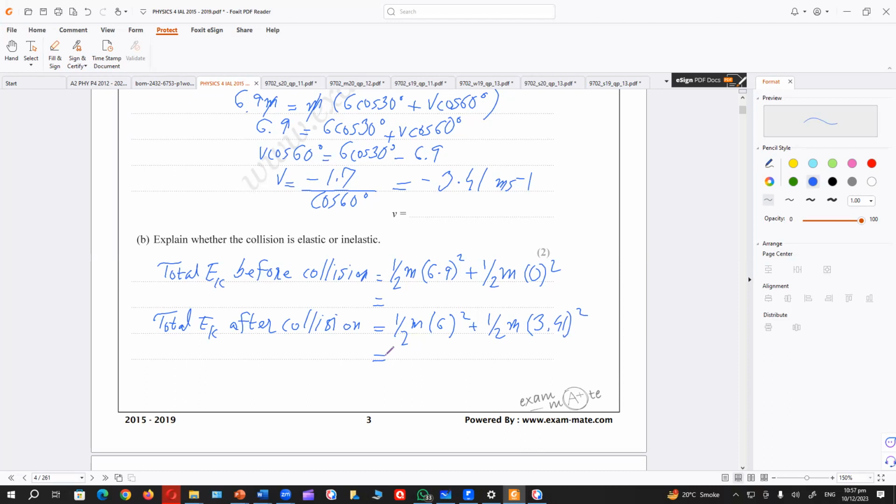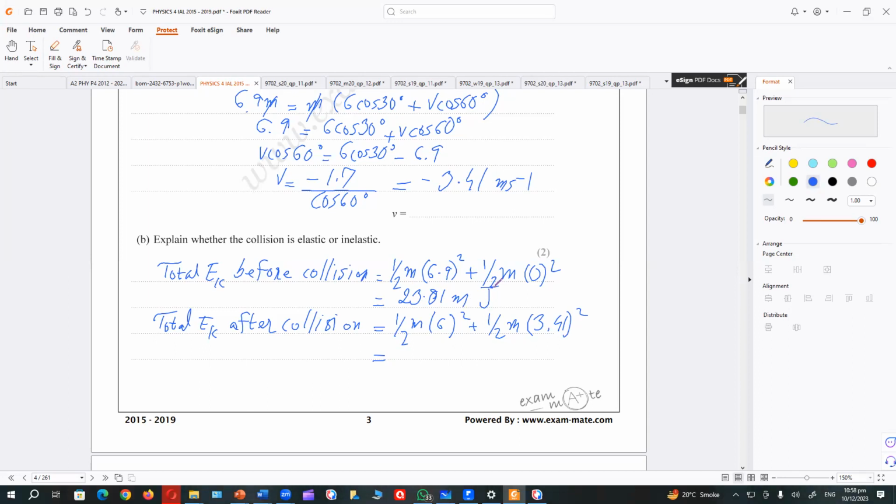So I just solve half 6.9 squared, which is 23.805, plus 0. Oh, I'm not doing the total first. Okay, wait, let me do the first one. So forget about m and solve the other equation. The first is 23.81 plus 0.